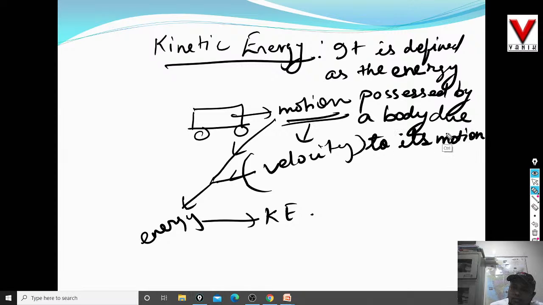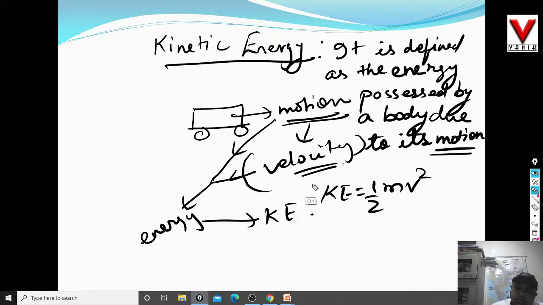Alright, I hope it is clear to you. And how do we write kinetic energy? Kinetic energy can be written as half into mv square.